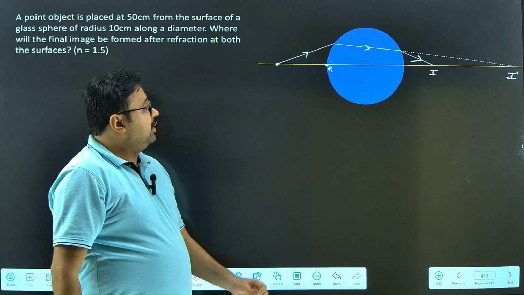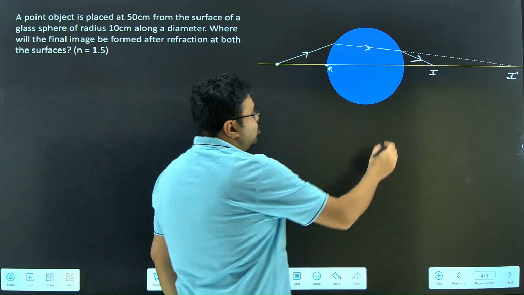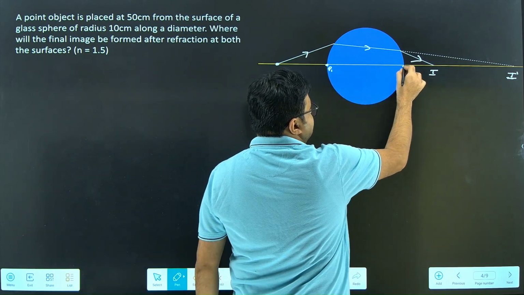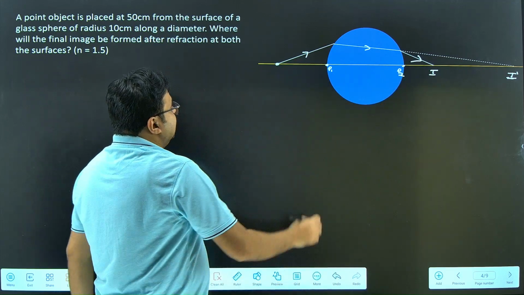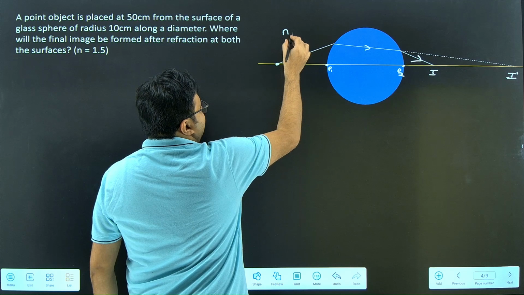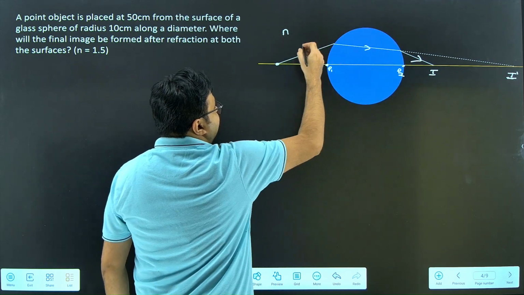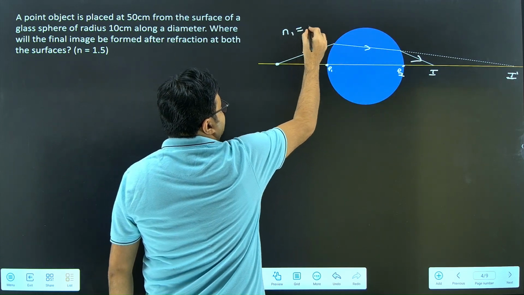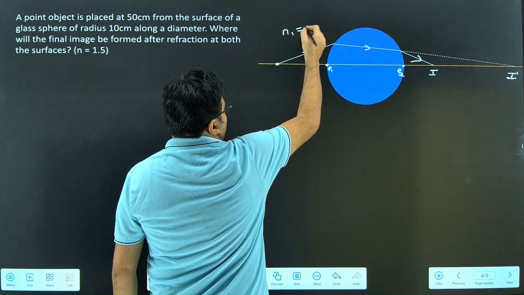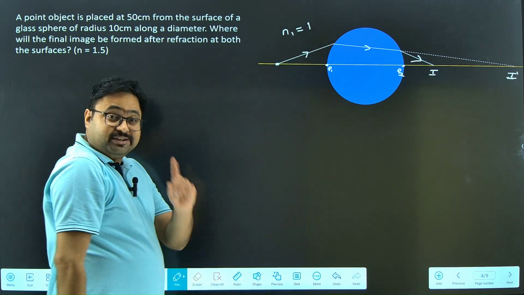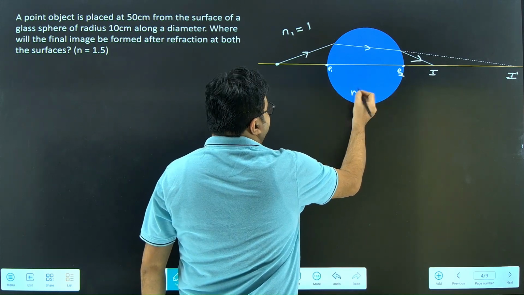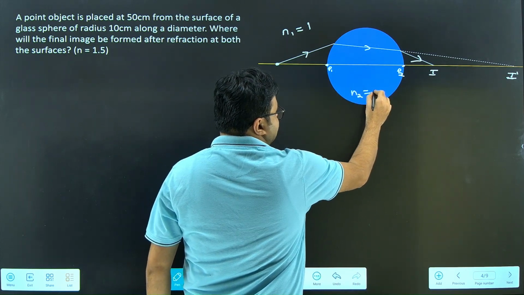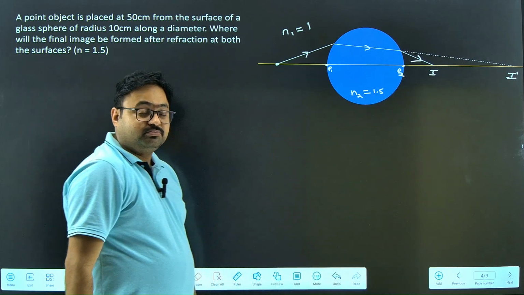So we know the refraction is happening at two surfaces. One surface has got pole P1, the second surface has got pole P2. Let us assume that the refractive index of the surrounding medium is air. I'll call that N1, and that refractive index is 1. The question has given us the refractive index of glass, and that's 1.5.